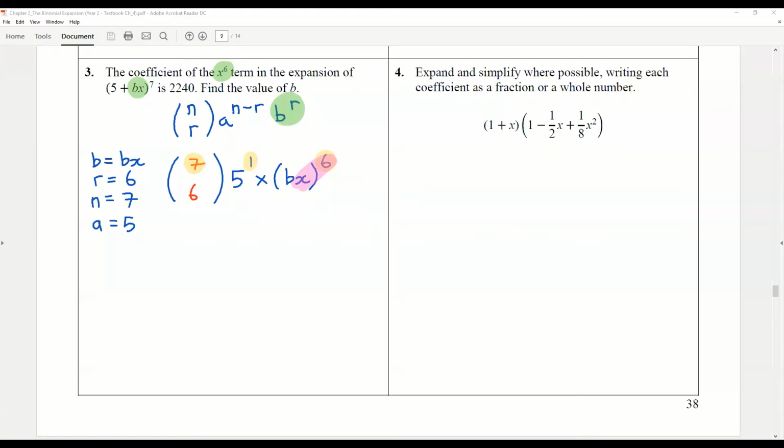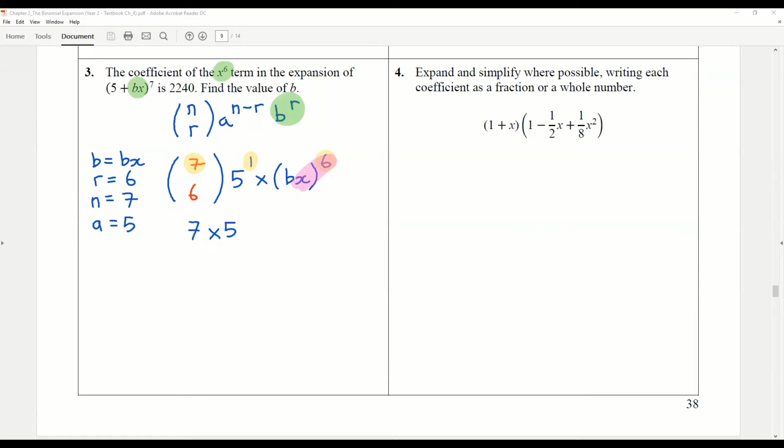So you may know from experience, if you do 7 choose 6, okay, well 7 choose 7 is always 1, and 7 choose 6 is exactly the same because Pascal's triangle is of course symmetrical. 7 choose 6 is just going to be 7 because 7 choose 1 is also 7. So you may be aware of that. I don't know. You may not be. Okay. So 7 choose 6 is 7, multiplied by 5 to the power 1. And then I've got to be very careful here.